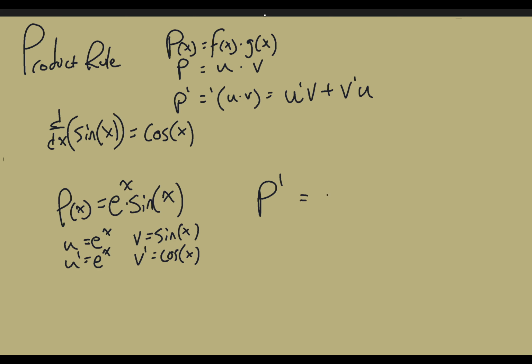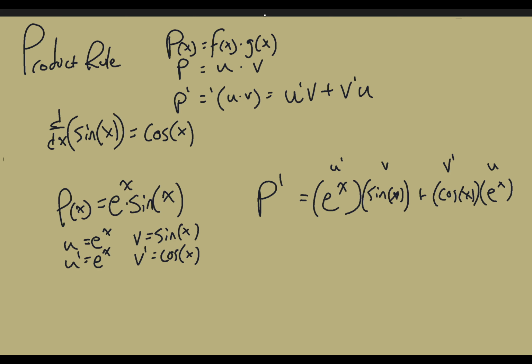U prime v, which is e to the x, there's my u prime, and my v is the original sine of x, plus v prime, which is cosine of x, times u, that's e to the x. And if you want to get funny with it, you can write e to the x times sine of x plus cosine of x.